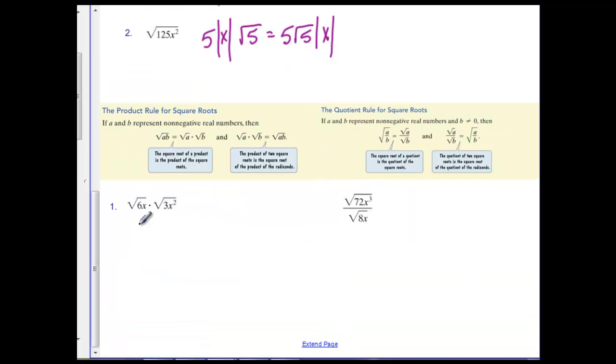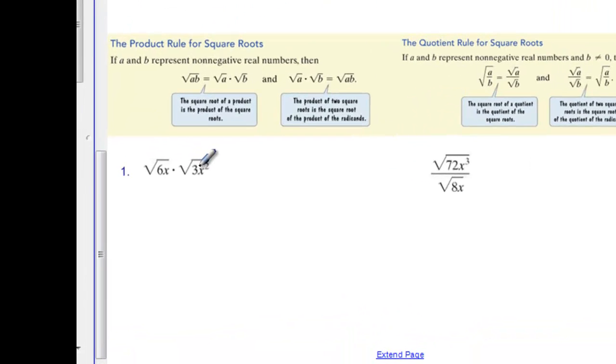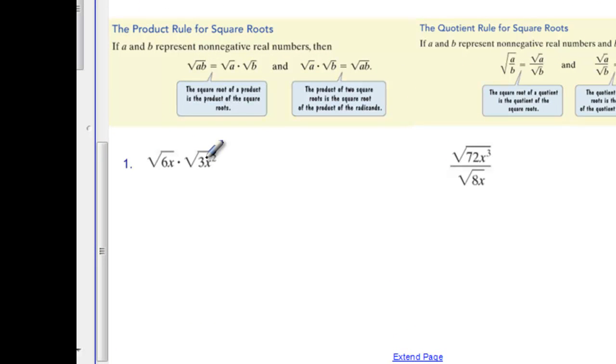All right, we'll talk about these super quickly. Whenever you're multiplying square roots, if they're both square roots, you can just multiply the stuff together. Notice there's no addition or subtraction signs underneath the radical, right? Okay, there's no addition and subtraction signs. It makes it fairly easy. So we have square root of 6x times square root of 3x squared.